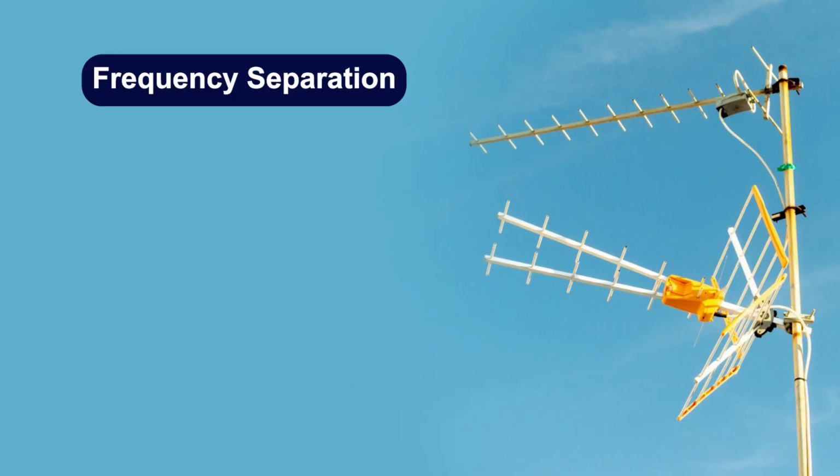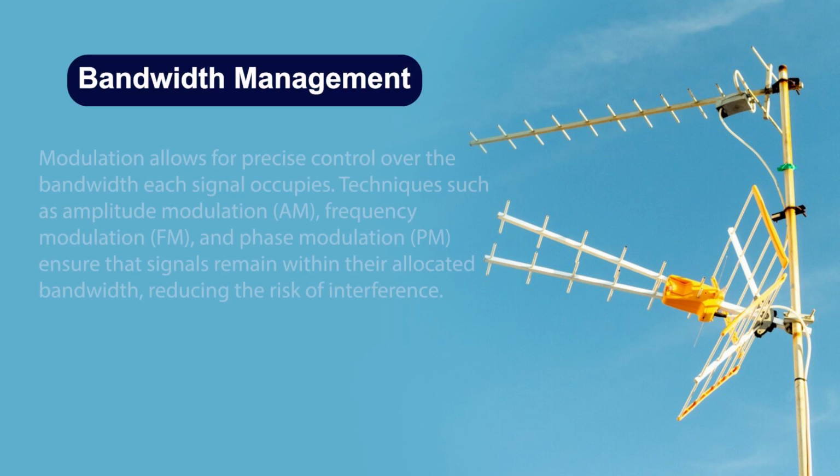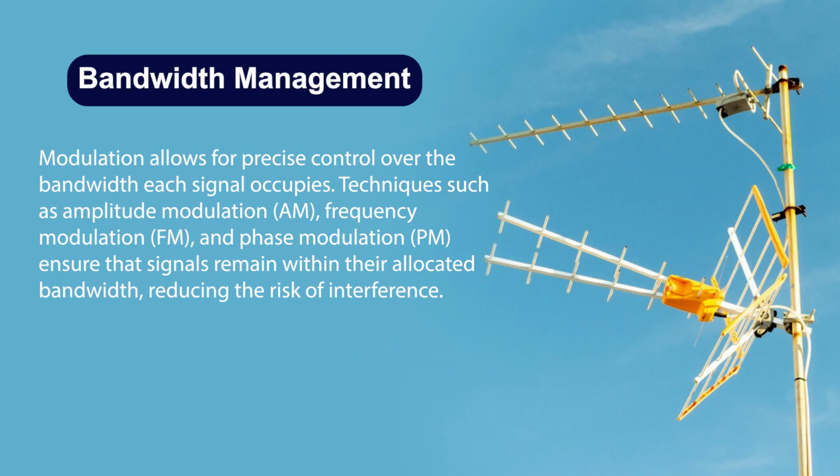There are several ways in which modulation helps avoid mixing. The first is frequency separation. By using different frequencies for different signals, modulation ensures that each signal occupies a distinct part of the spectrum. This frequency division multiplexing, that is FDM, effectively prevents the overlap of signals. Bandwidth management: modulation allows for precise control over bandwidth.